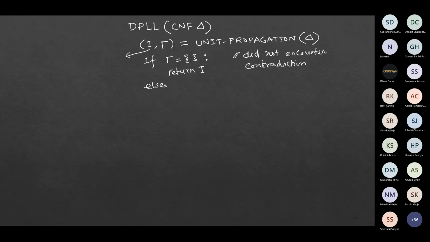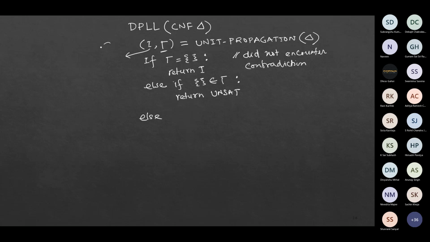Else, if the residual knowledge base gamma contains an empty clause, what does that mean? We know that, right? This is a case of contradiction. So then we have to return unsat, right?